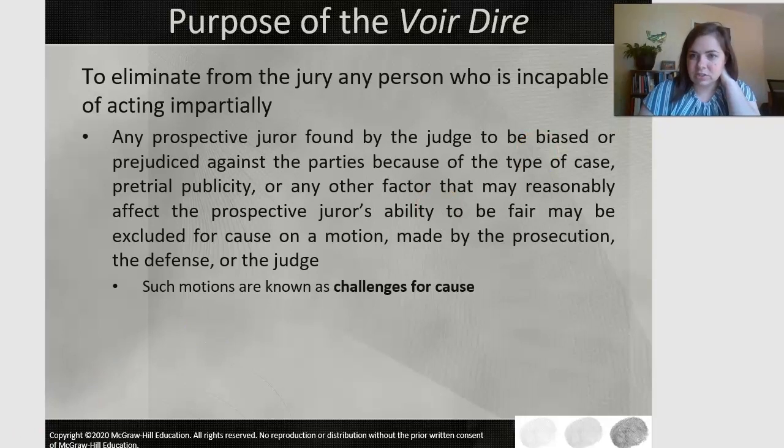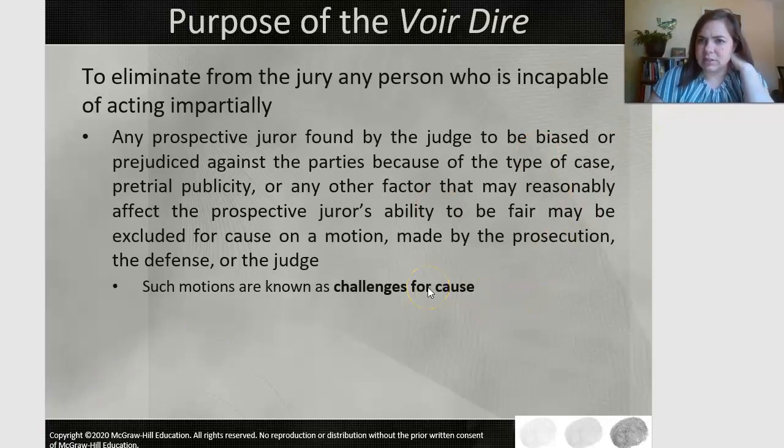And then it shifts into voir dire. This means literally to speak the truth, and this is to eliminate someone from the jury who cannot be impartial, because that's a constitutional right. So if a juror is biased or prejudiced against someone because of the facts of the case, the type of case, pretrial publicity, or they are friends with the law enforcement officer or the judge, or one of the attorneys, then that person can be removed by the prosecution, the judge, or the defense.